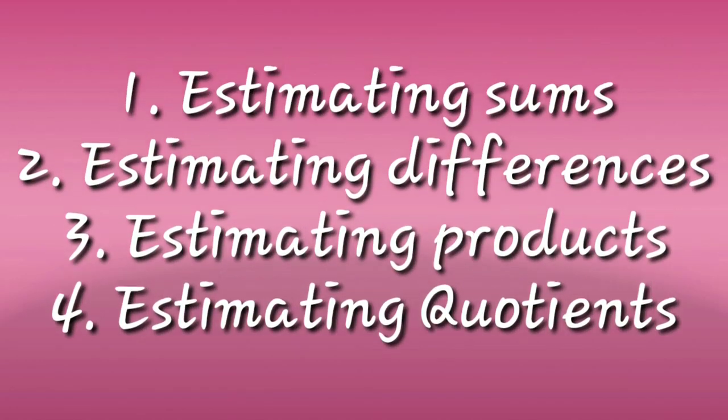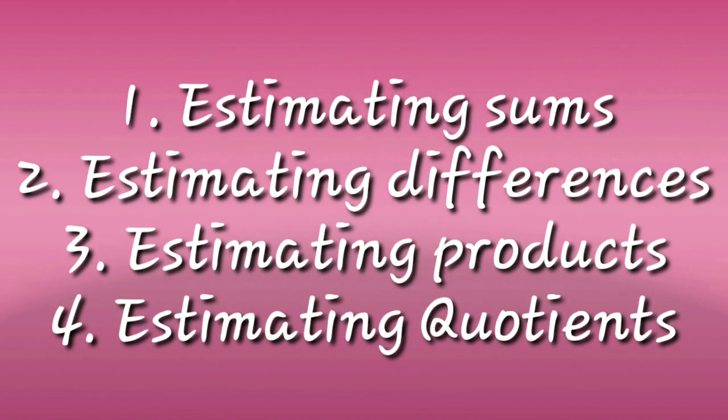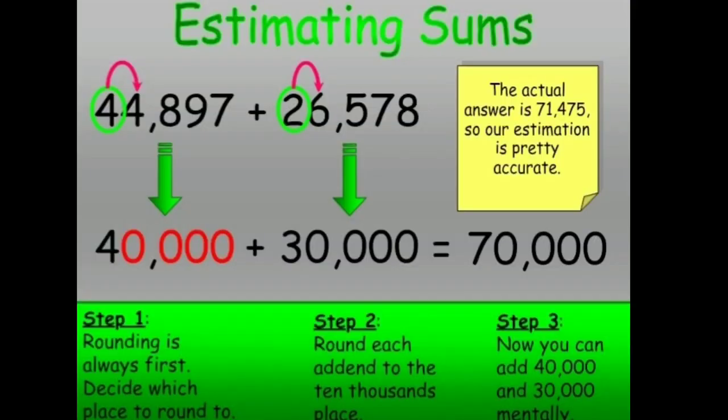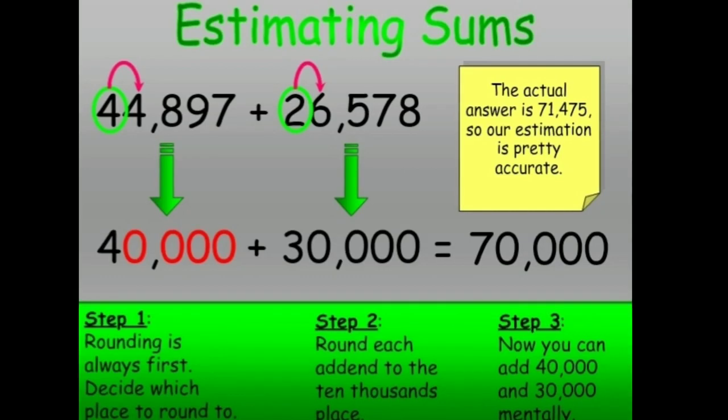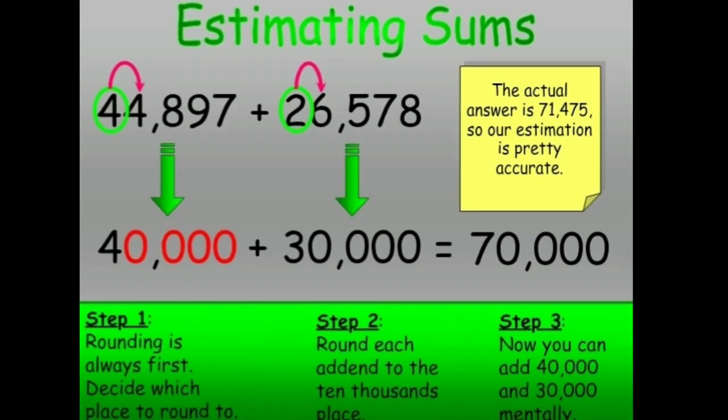Now we will carry out the estimation in sum, subtraction, division and multiplication also. Let's go through the examples one by one. Here I have taken an example of 44,897 with that of 26,578. Now what you have to do, first of all, is round it off to the nearest thousand.